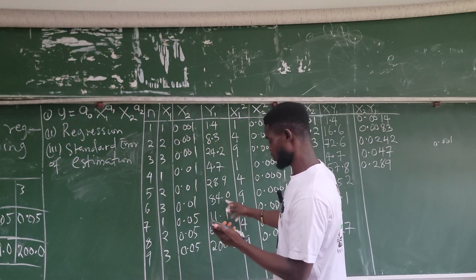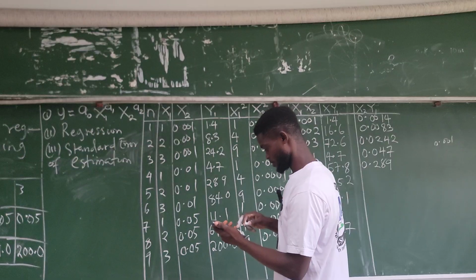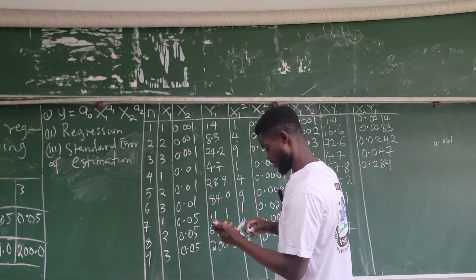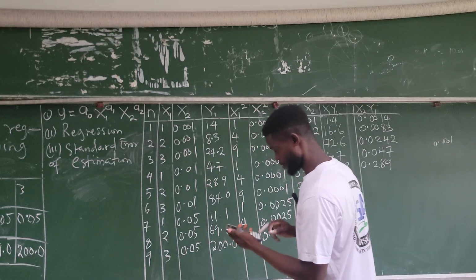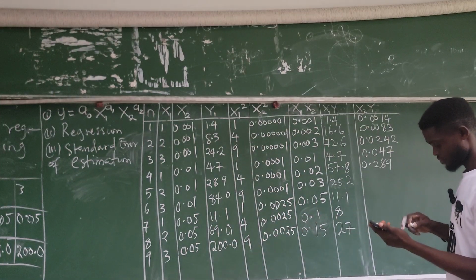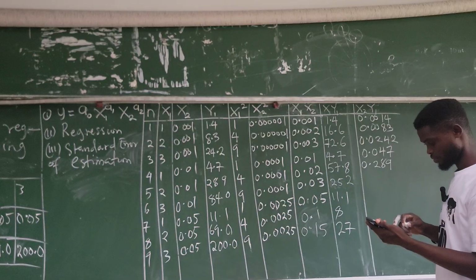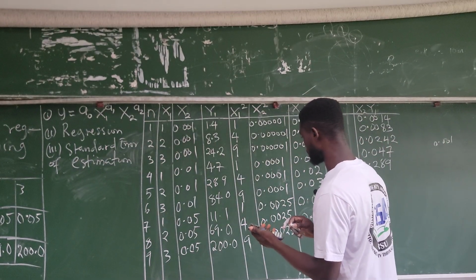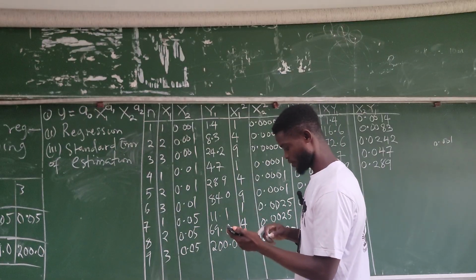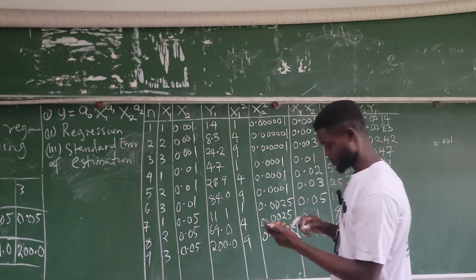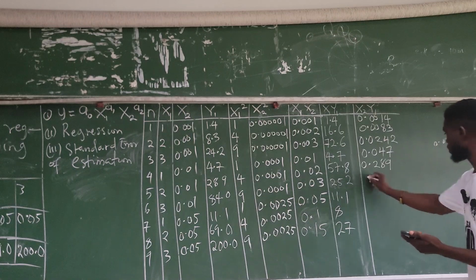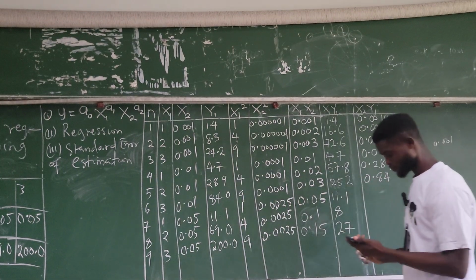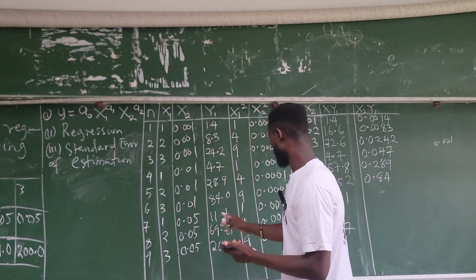So we also have 0.01 times 84.0, that is 0.84.